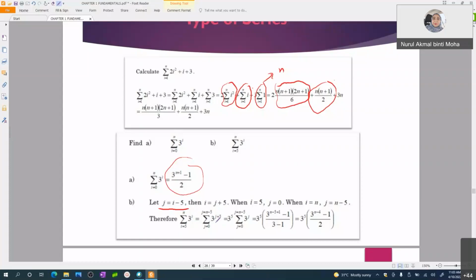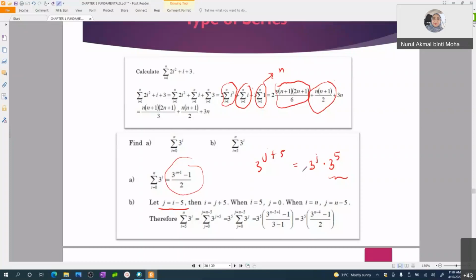And 3 to the power of j plus 5 can always be written as 3 to the power of j multiplied with 3 to the power of 5. You can put the 3 to the power of 5 in front of the sigma because it's just a real number, a multiplier that doesn't depend on any j or any index i or whatsoever. So you can always take out the 3 to the power of 5.